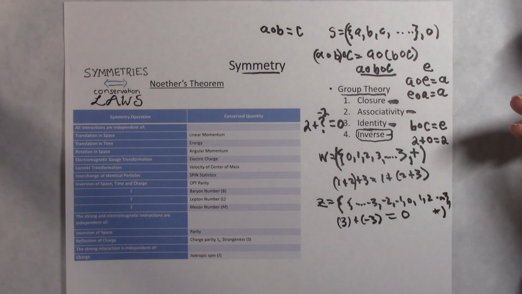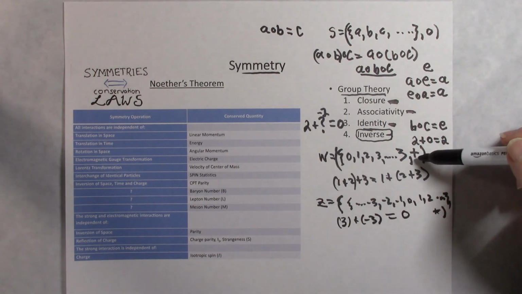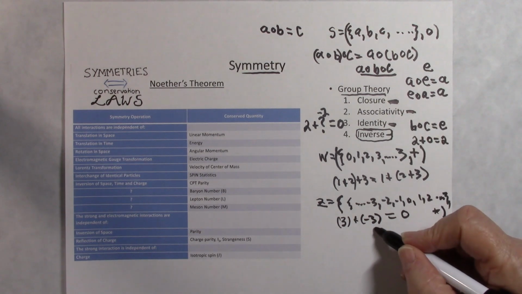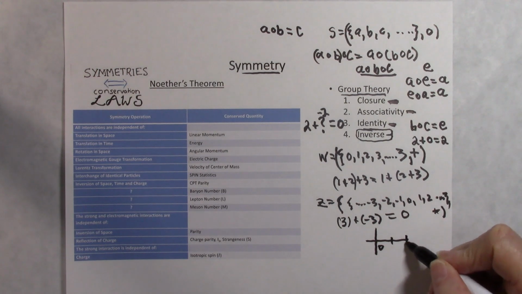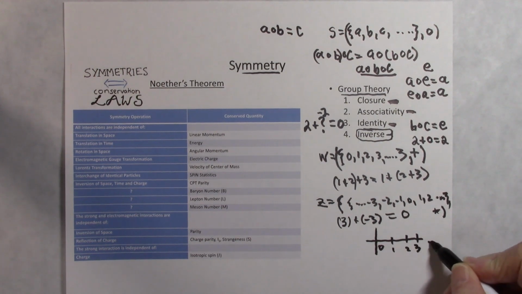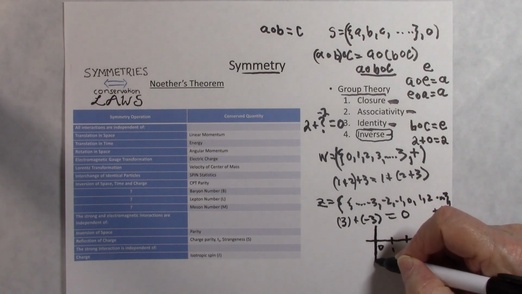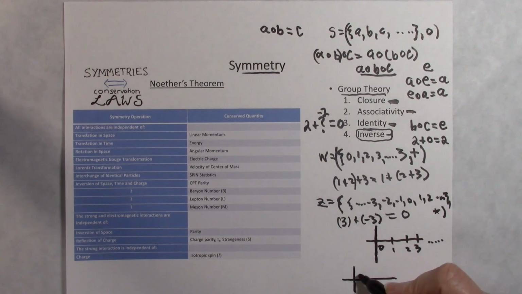Now you can get an intuitive idea about that if we look at the W set, the first one we did. This is the 0 point here, and then we would have 1, 2, 3, on down. You notice it's kind of lopsided. All the numbers are on one side of this, well, I'll call it a symmetry axis. But when we look at the integers, this would still be the 0 point.